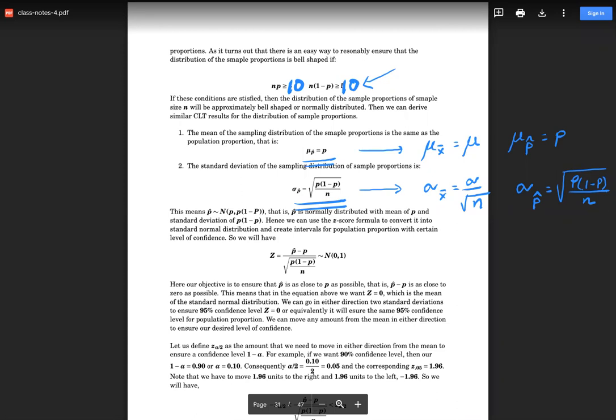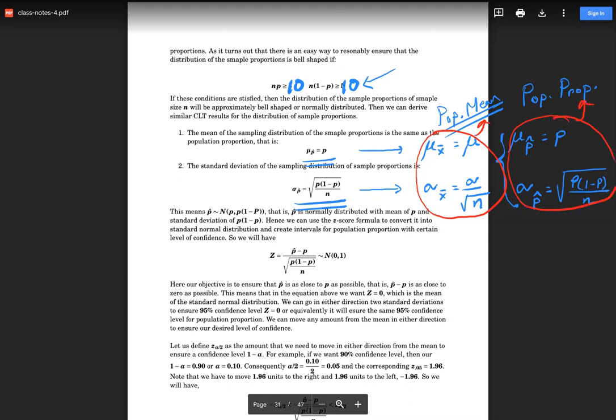So these are the 2 corresponding relations or conclusions of the central limit theorem, but for population proportion, and these 2 are for population mean. Okay, so these 2 are for population mean, and these 2 are for population proportion.